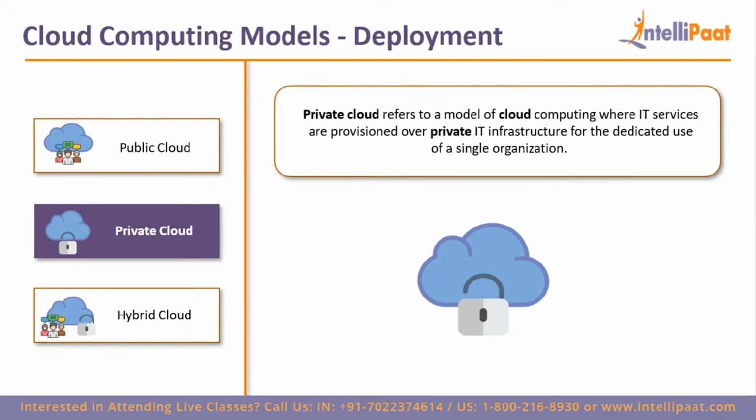Then you have another type of private cloud, in which your company buys their own servers, right? Instead of going to a cloud provider, they buy multiple servers, and these servers are then virtualized and used as if you were using a cloud provider. This is again done for security purposes.